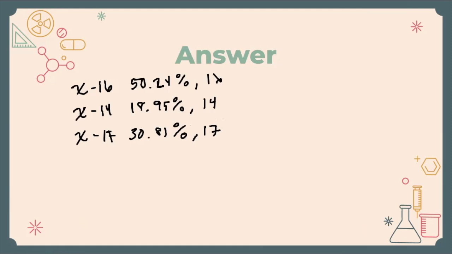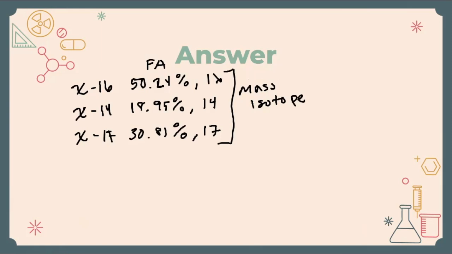So it's telling us to calculate the atomic mass. Just to give you an idea of what atomic mass is: fractional abundance multiplied by the mass of the isotope. So we have fractional abundance and we have the mass of the isotope.